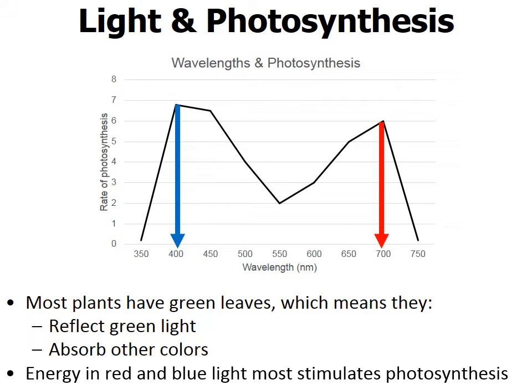Around 700 nanometers there's another peak, and that corresponds to the color red. Ironically, the color that we most associate with plants, the color green, has some of the lowest rates of photosynthesis. So green light is very poor in production of sugars. However, blue light and red light drive photosynthesis.